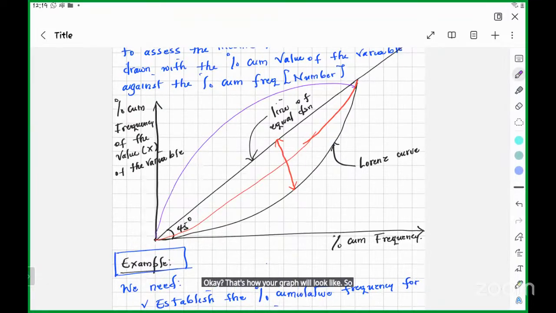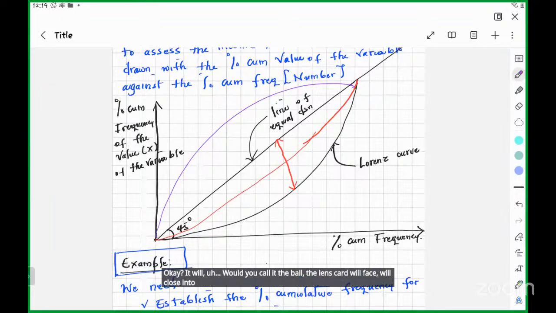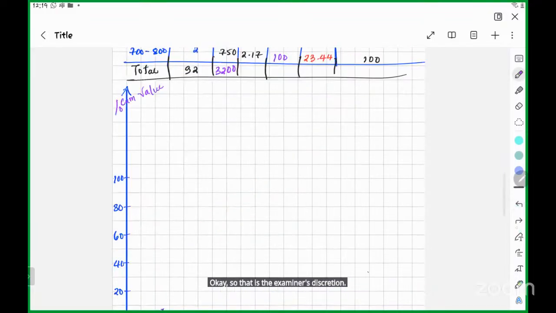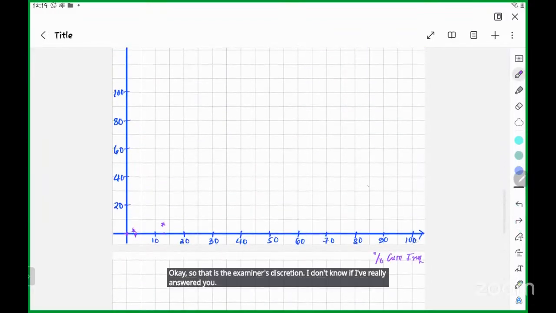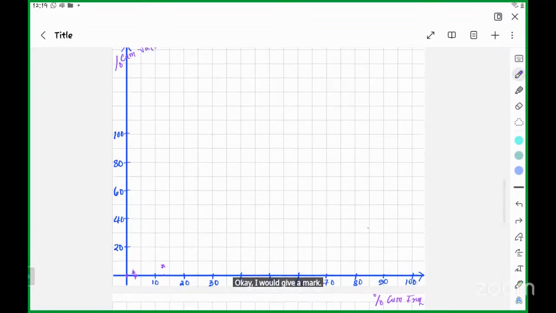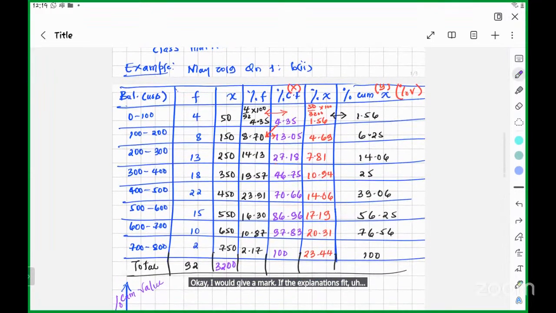So the examiner is the one to take charge of that. Your graph will be upside down, the way you see the purple drawn. I would give a mark if the explanations fit the visuals.